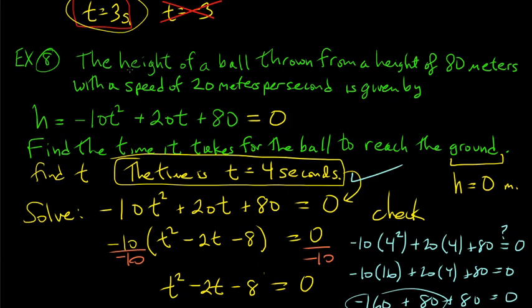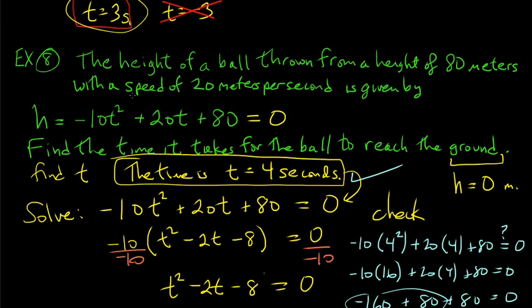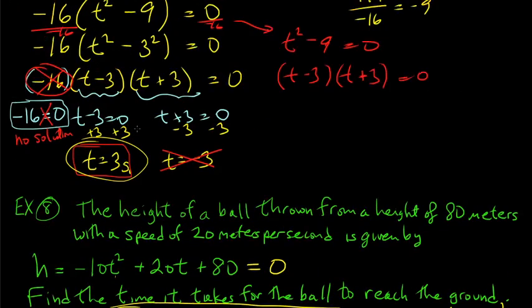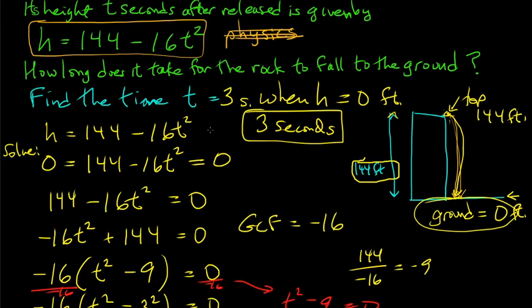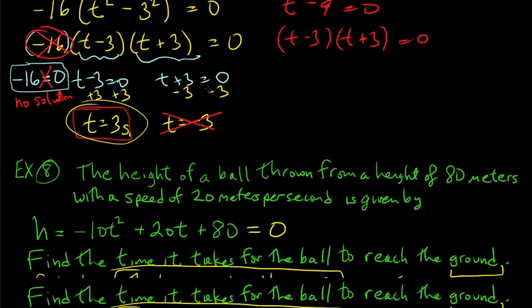Remember, the first 2 problems were just number puzzles. The second 2 were rectangles. And then we did 2 triangles, and now we're doing projectiles or things that you're throwing or dropping, either way. And for these problems, again, they will give you the equation. You don't have to figure out where this comes from, right?